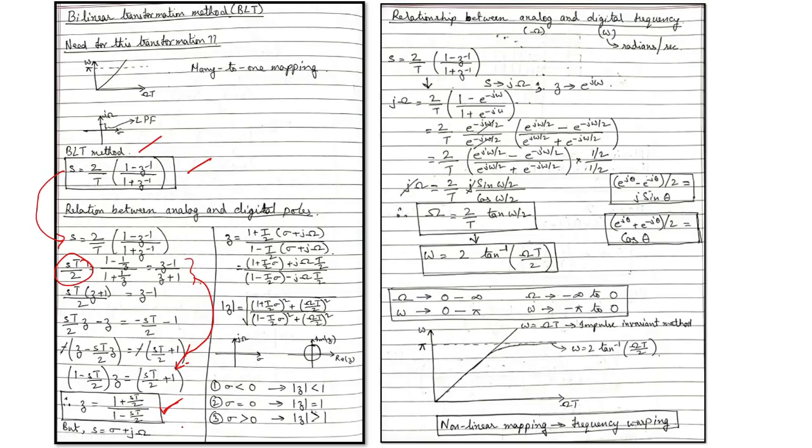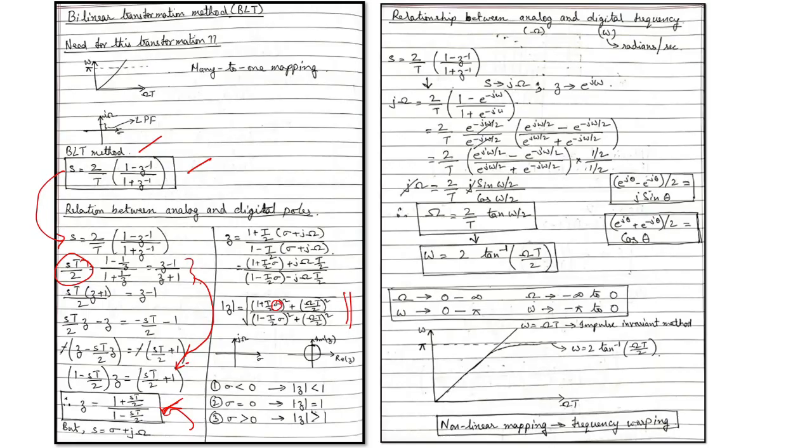Now, in this equation, if we put s equal to sigma plus j omega, we get this equation. Here, sigma is nothing but the real component from the s plane. We already discussed that the sigma values for the poles should be negative.